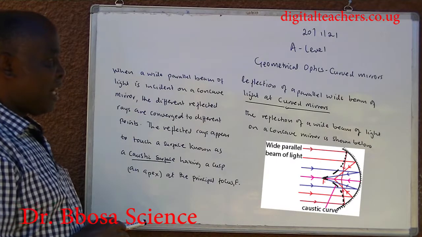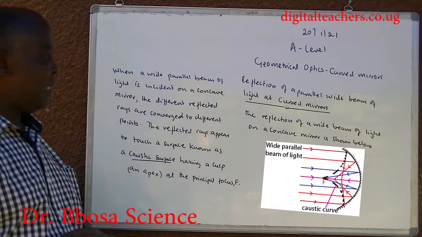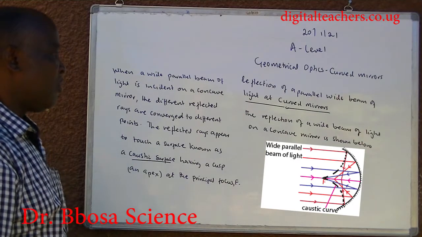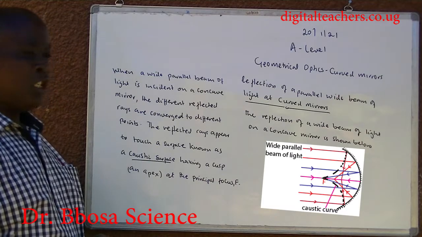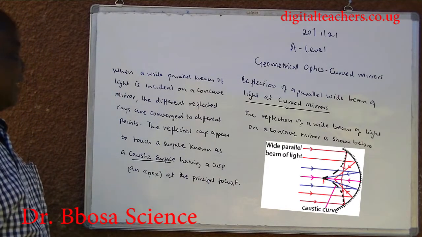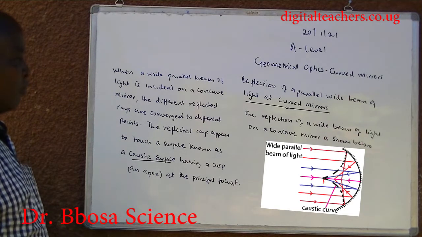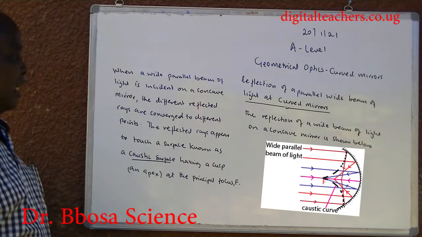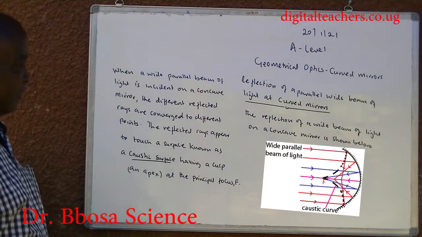Reflection of a parallel wide beam of light at curved mirrors. The reflection of a wide beam of light on a concave mirror is shown below. When a wide parallel beam of light is incident on a concave mirror, the different reflected rays are converged at different points.